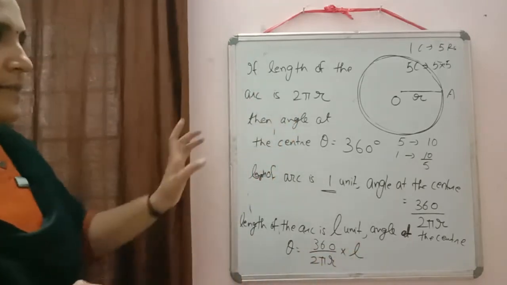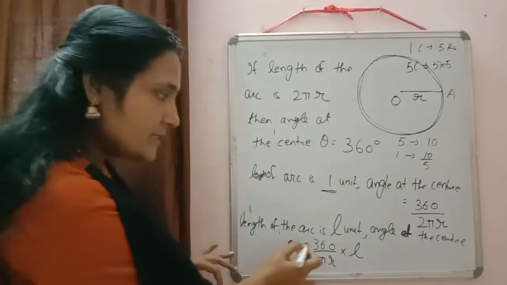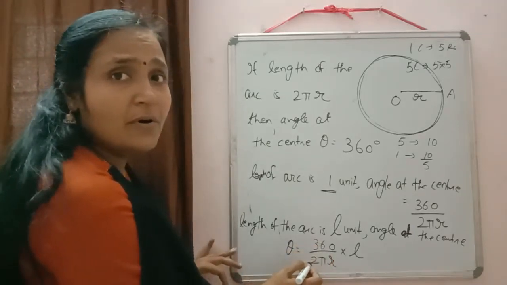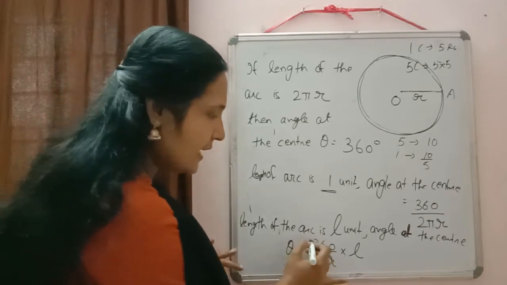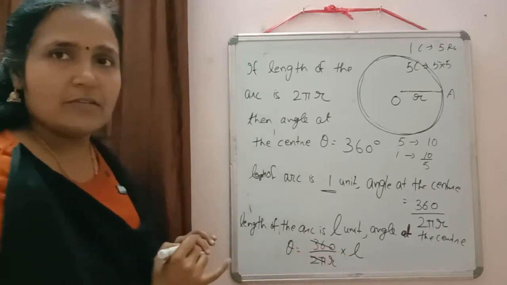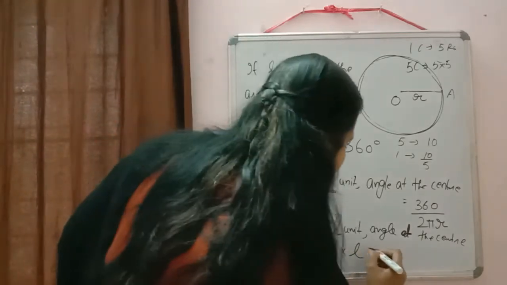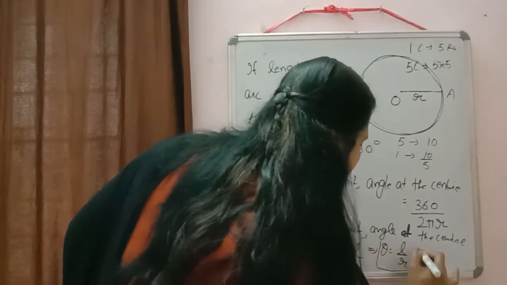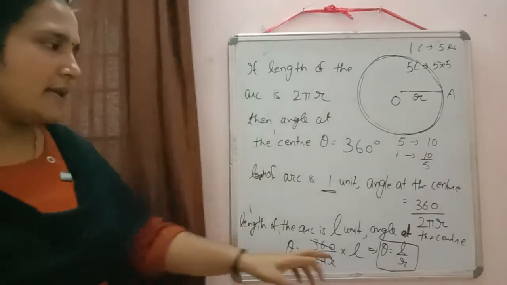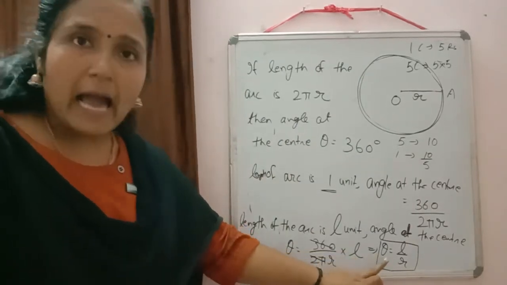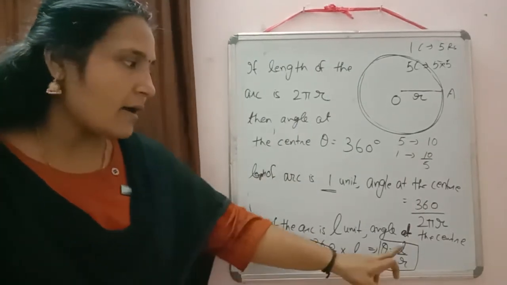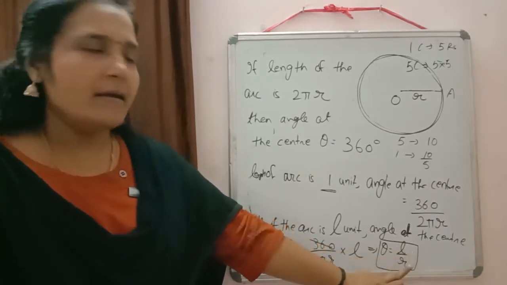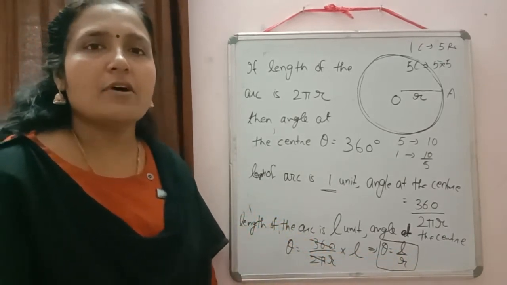Correct? And in the previous one we wrote 360 degree is equal to 2 pi, and 360 and 2 pi are same. So these two will get cancelled. We will get theta is equal to L by R. So this is the relation, where theta is the angle made by an arc of length L unit and R is the radius of the circle.